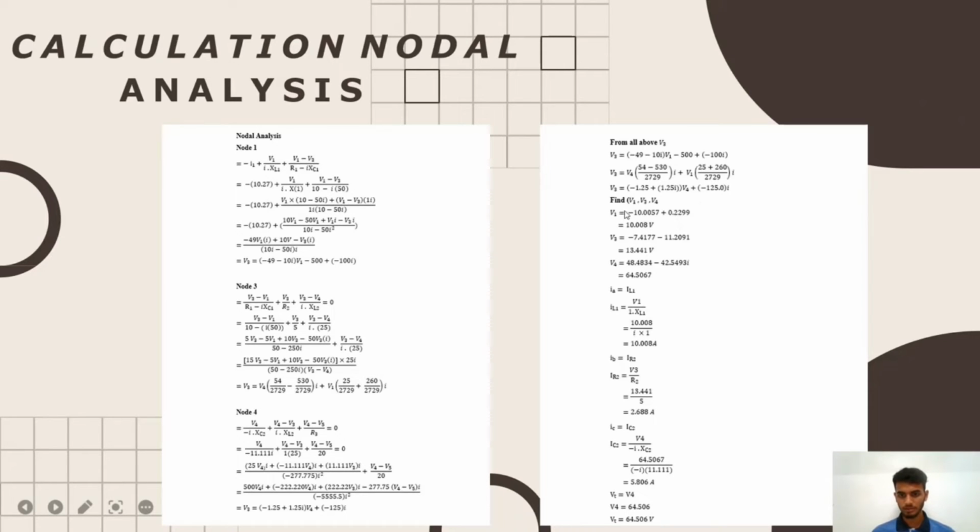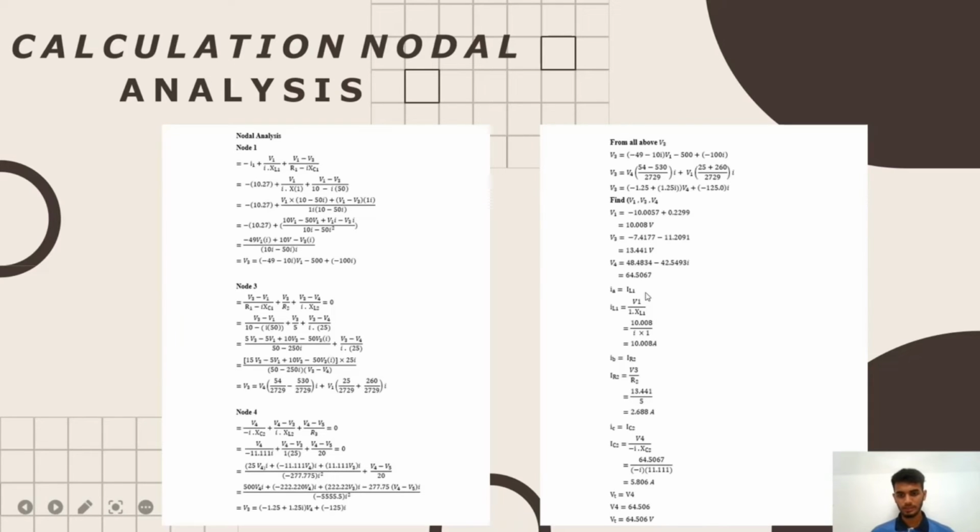So we can find the V1 value, 10.008 volt, and V3 equals 13.441 volt, and V4 equals 64.5067. So this V4 is equal to V total.